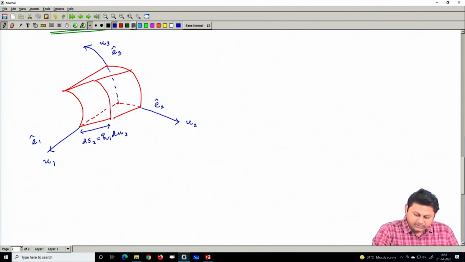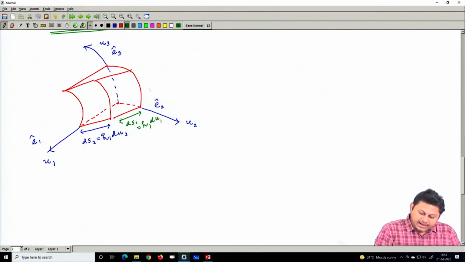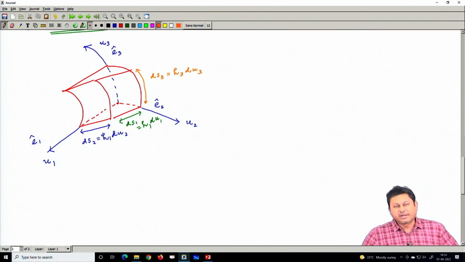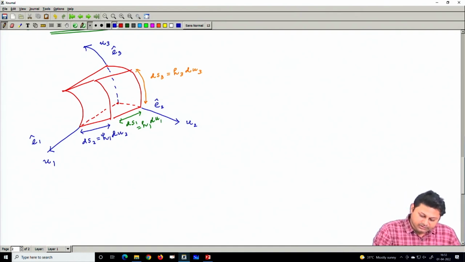This length from here to here is ds1, which is h1 du1, and this length is ds3, which is h3 du3, that we already defined last class, and this is the origin O.